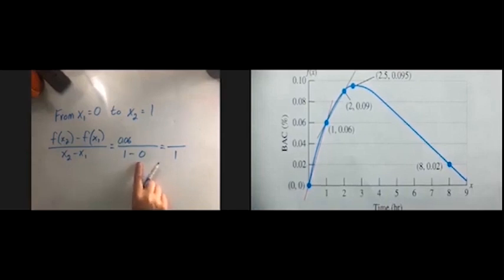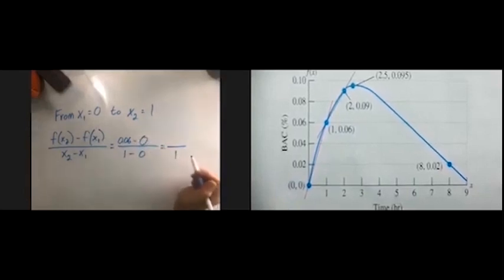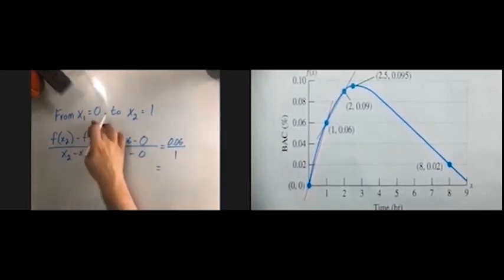When x is 0, we have the point 0, 0. When x is 0, y is 0. So that's 0.06 over 1. From 0 to 1, the average rate of change of the blood alcohol level would be 0.06.